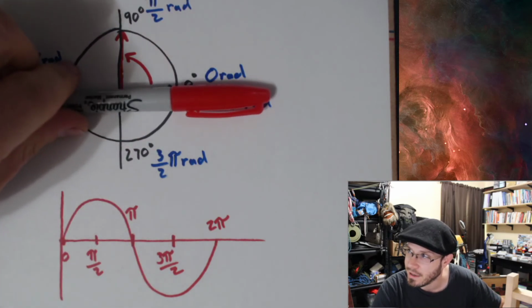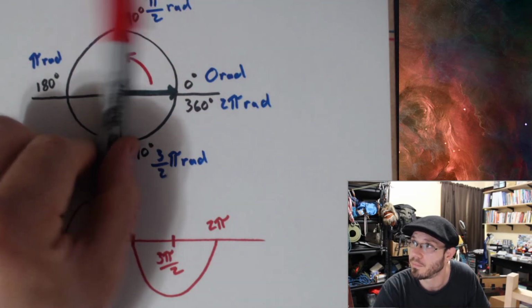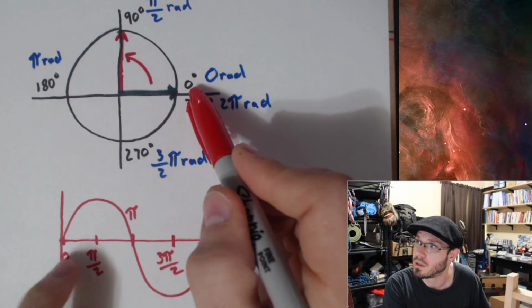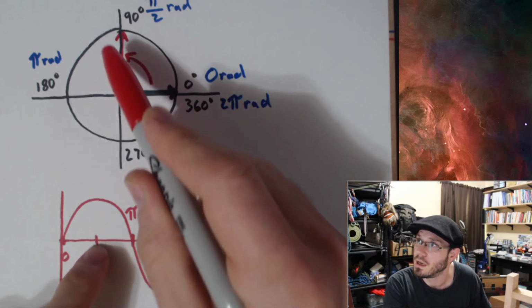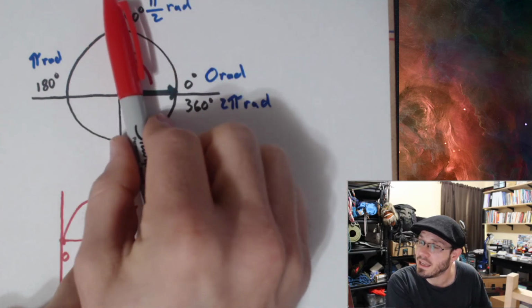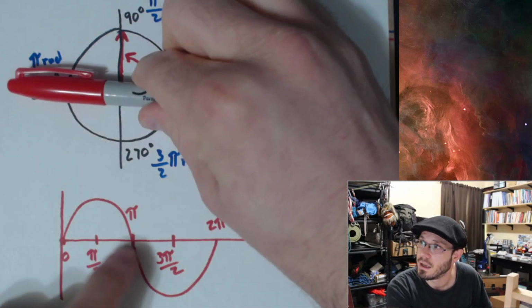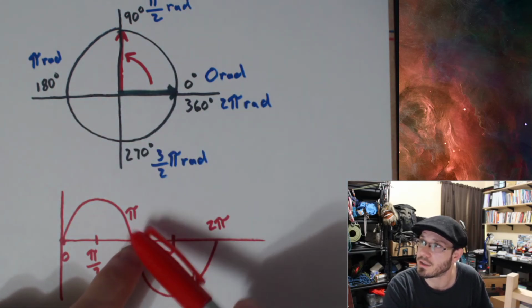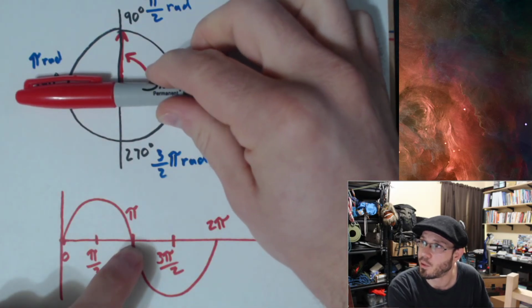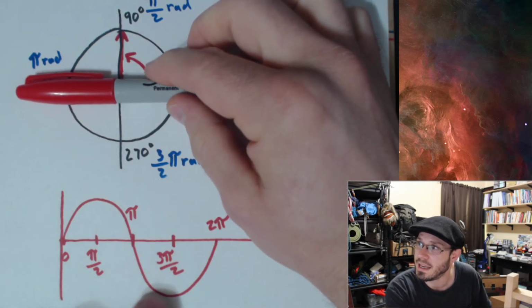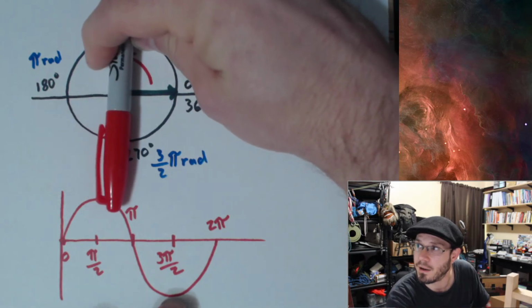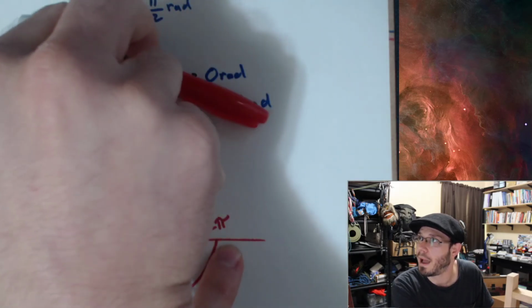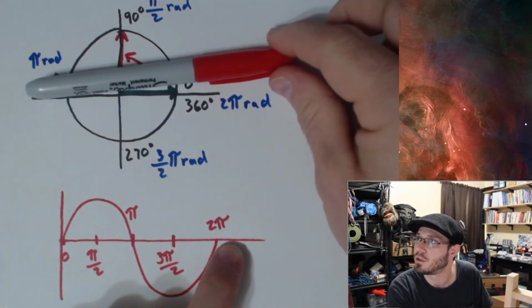If we allow this vector to rotate around our circle in our coordinate system here, then we've just gone from 0 degrees to 90 degrees. And we let that continue rotating, and we go back down to pi, or here 0 at the crossing. And then we keep on rotating this vector and we hit the bottom over here. And then as we come back up and reach 2 pi, we're back where we started.